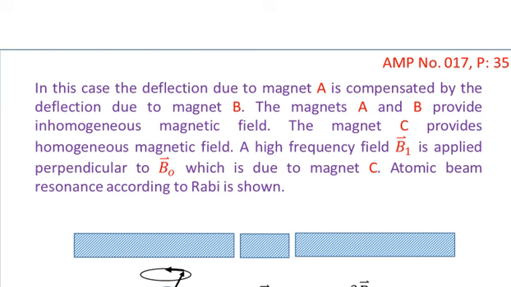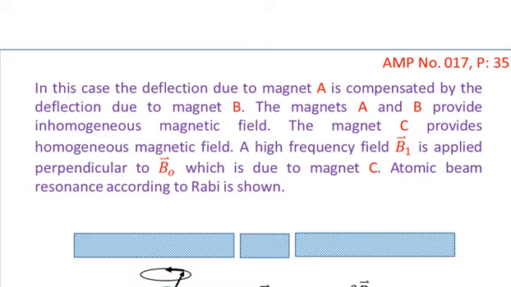And you know that I have explained this condition, that the magnetic field B0 due to the magnet C will control the separation between the hyperfine levels, and B1 will provide an energy such that resonance between the two hyperfine levels will occur when the energy due to the field B1 matches the energy gap between the two hyperfine levels.